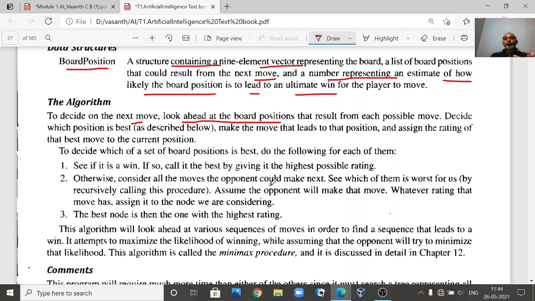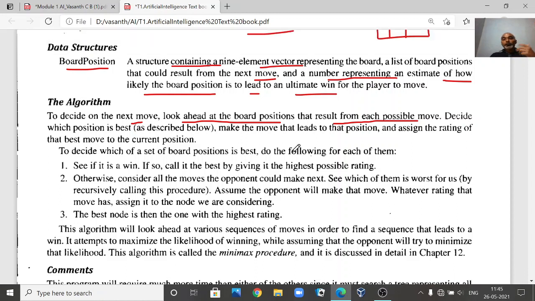Before you make a move, you scan all the board positions and see which direction gives you a possible move. Once you make a move, we look at the resulting board position and decide which position is best for us, right?